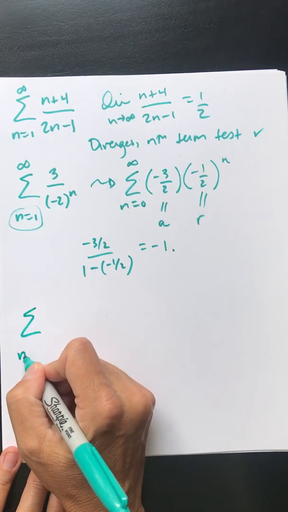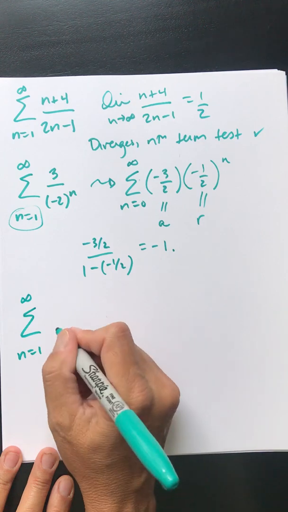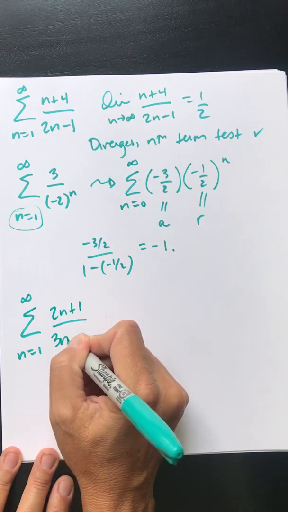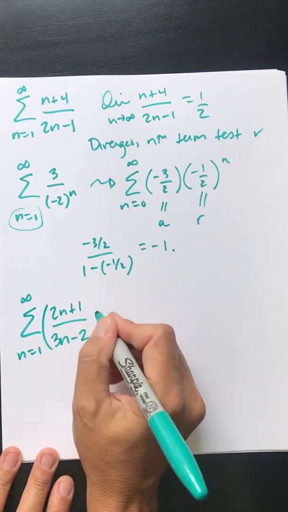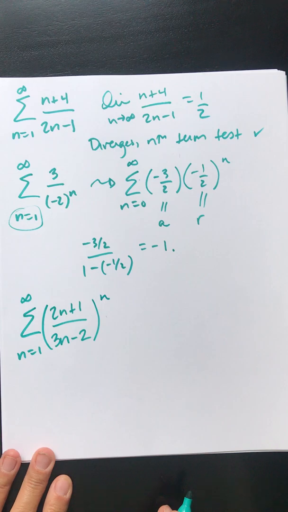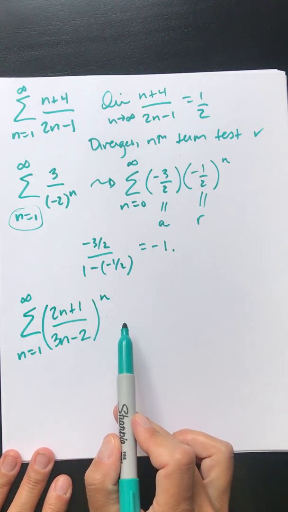Let's take the sum from n equals 1 to infinity of 2n plus 1 over 3n minus 2, all to the nth power. Well, whenever we see this, we know we want to nth root it.